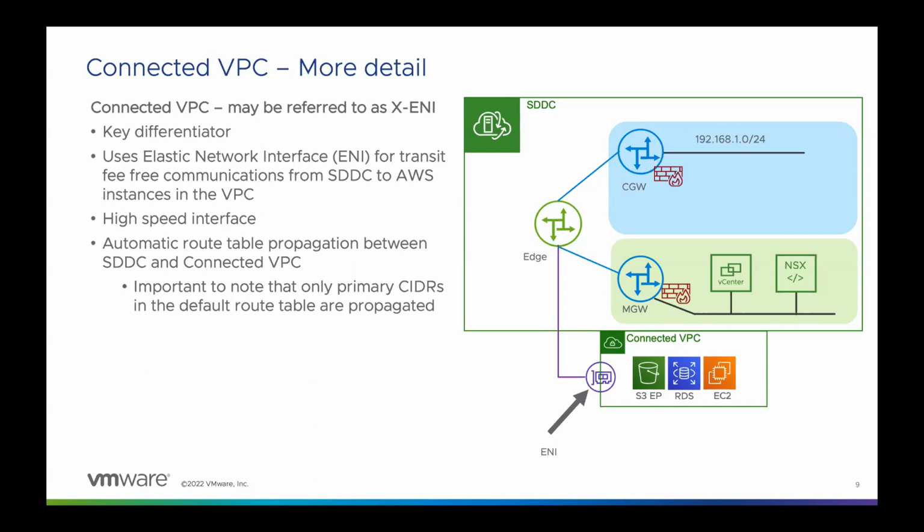You specify the region where you want this SDDC to be in, and then you specify the connected VPC that you want to connect to this SDDC, and that's going to be customer managed. So in the background, a CloudFormation template or an automation script will automatically spin up these nodes, and it will connect that VPC that you specify to your SDDC. And so that's all going to be done in the background and automated.